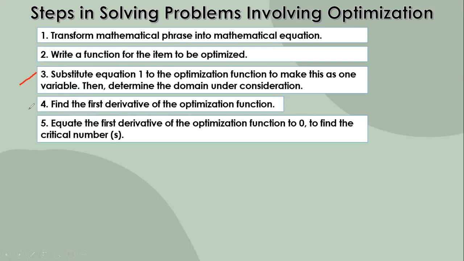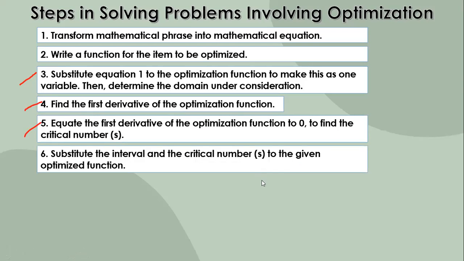So, find the first derivative, tapos equate to 0 to find the critical numbers. Okay? So, ginawa rin natin yan, di ba? Pero given tayo kasi kanina ng function. Ngayon, solving problems, worded problems. So, substitute daw yung interval and the critical numbers, okay, to find the maximum and minimum.